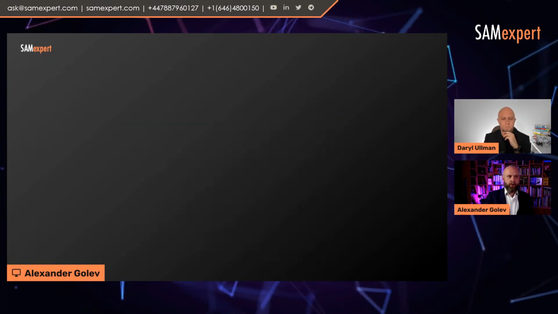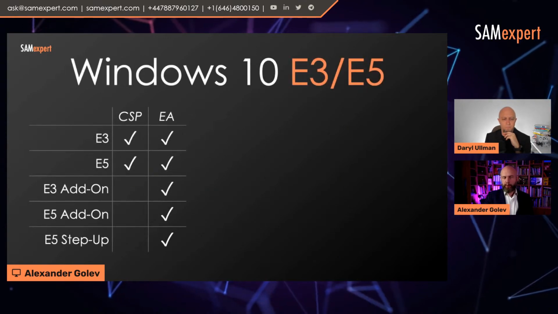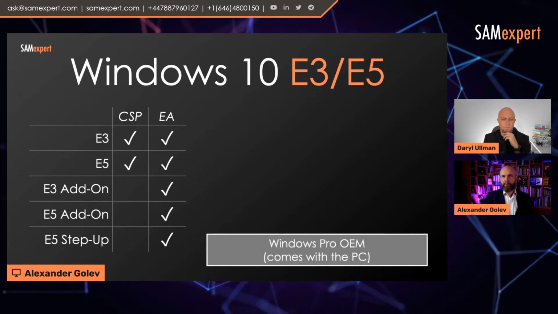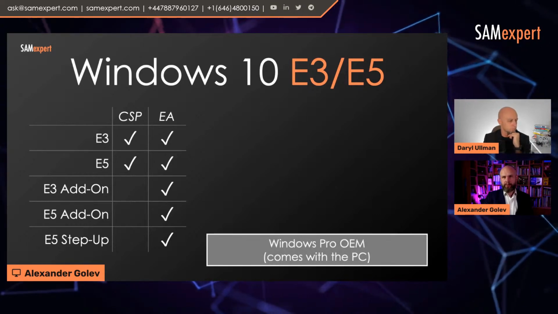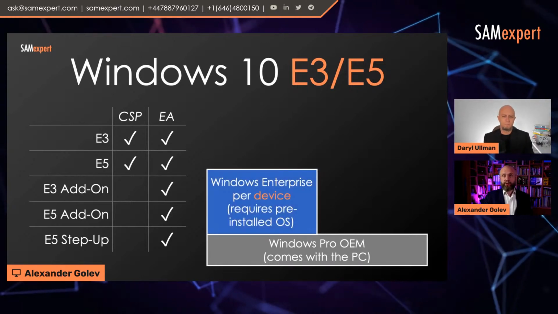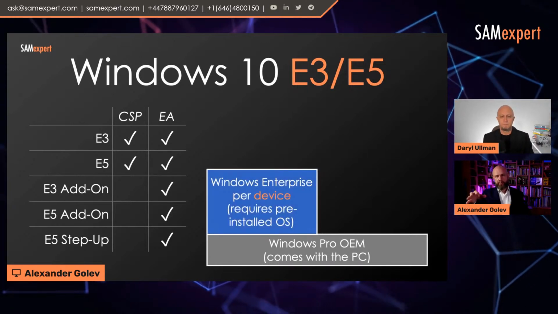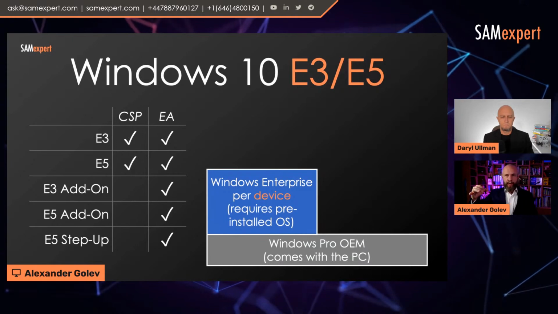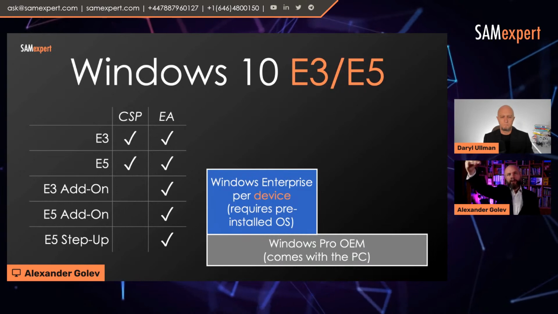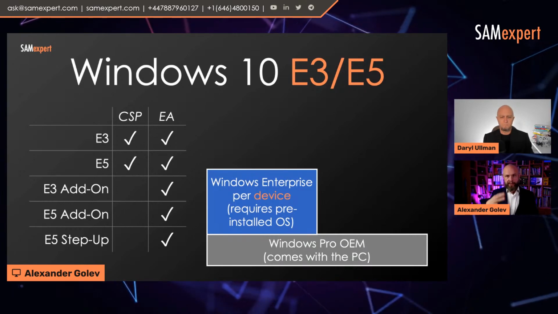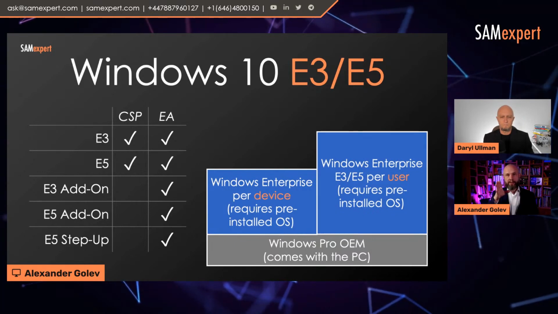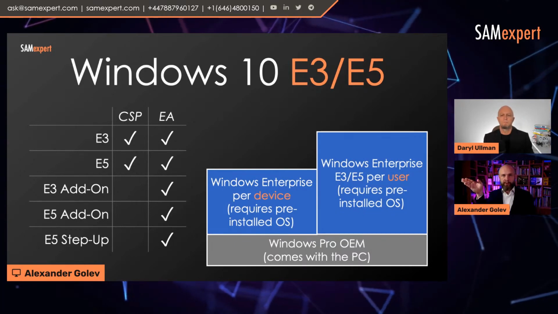This sandwich gets a bit more complicated with Windows 10 E3, E5 online licenses. We still require the Windows Pro operating system that comes with the PC. It's still required. And then you have two ways to upgrade to an online license. You may first add the device license, which takes the device up to Windows Enterprise, assign that license to the device, or you may directly step up to per user.